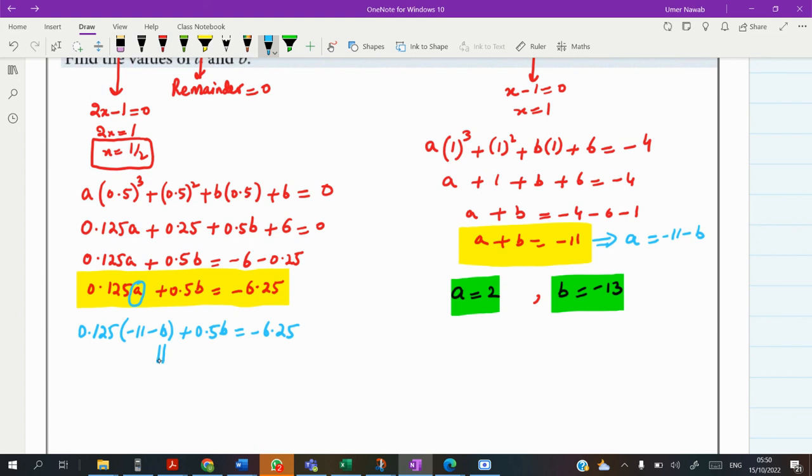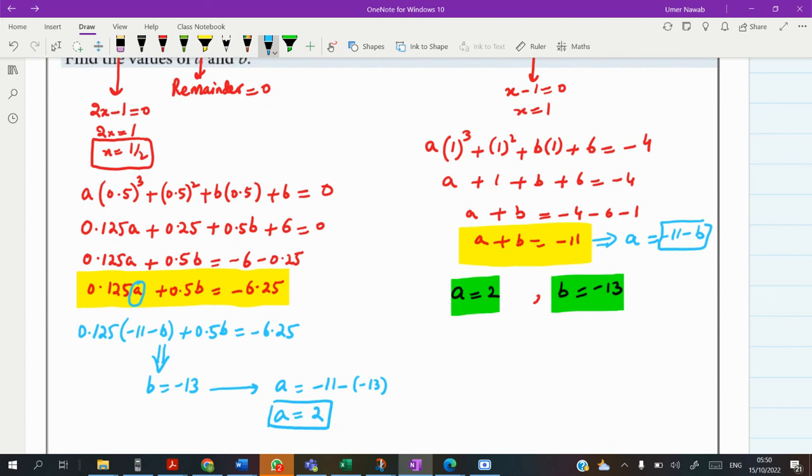Then this will help you to get the value of b equal to negative 13. And then you substitute this b in this equation. So a is equal to negative 11 minus negative 13. That gives you a is equal to 2.